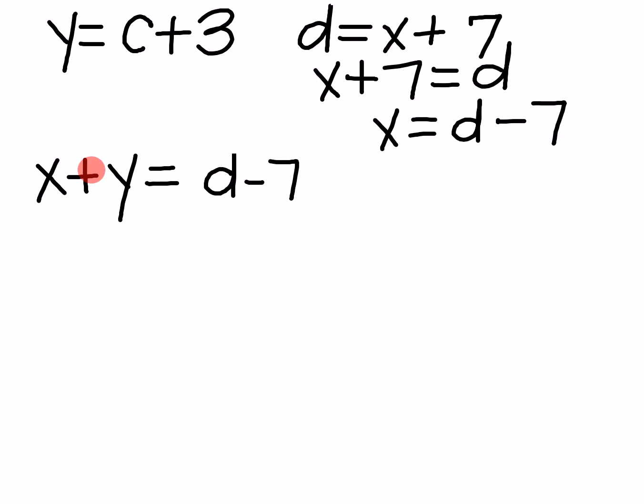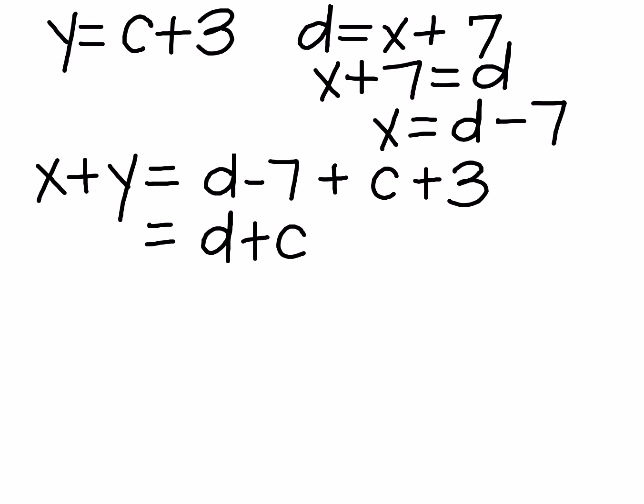But if you notice on the left side, it has an addition in between the x and y. So I do need to continue to put the plus sign on the right side and then substitute y, which is c plus 3. After that, I want to combine my like terms on the right side. My only like terms are negative 7 plus 3. I'm going to write d plus c minus 4.